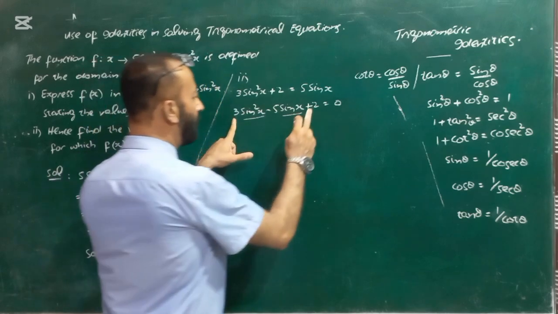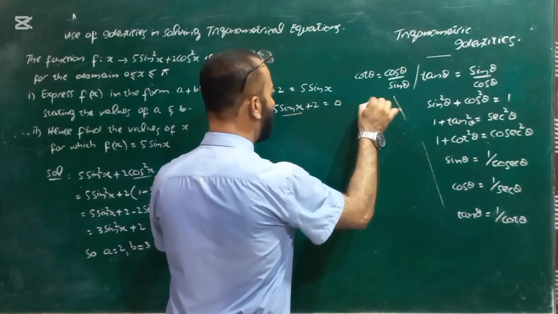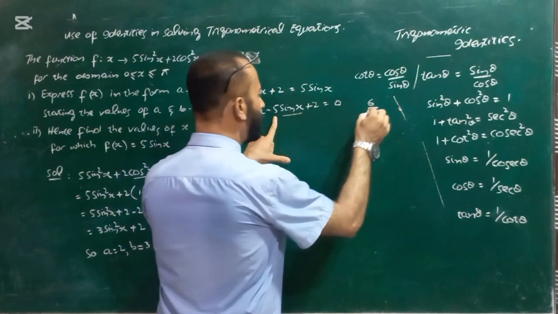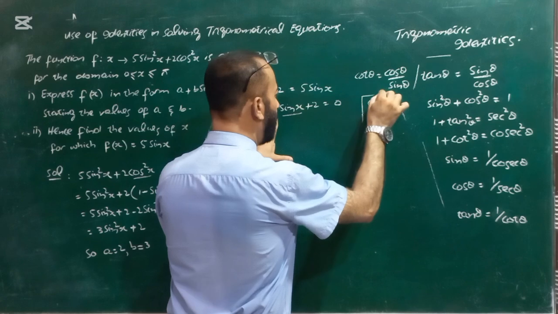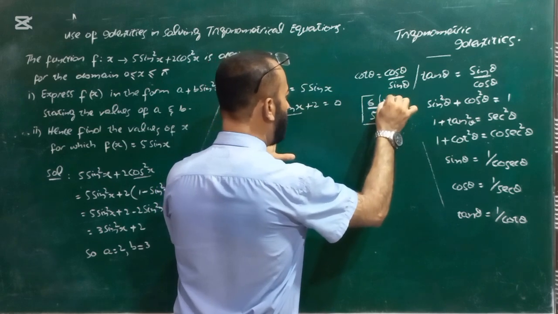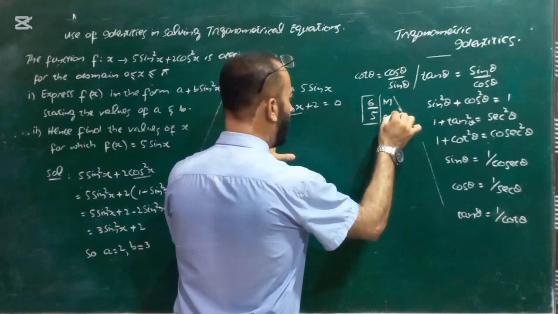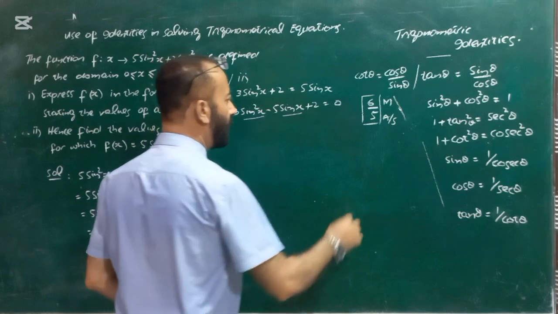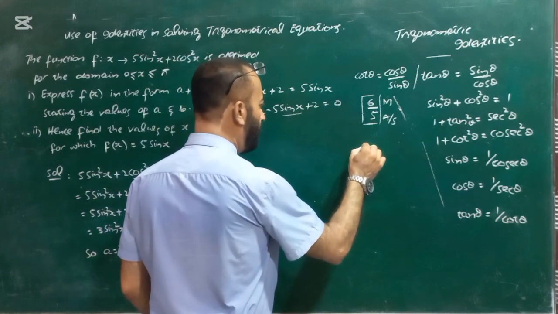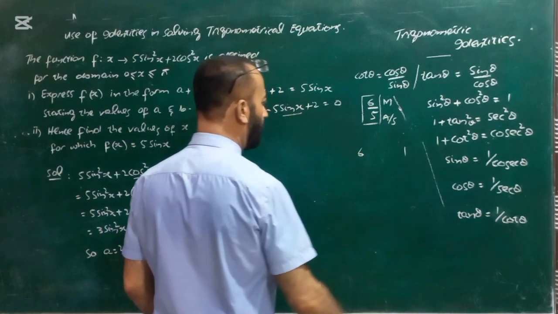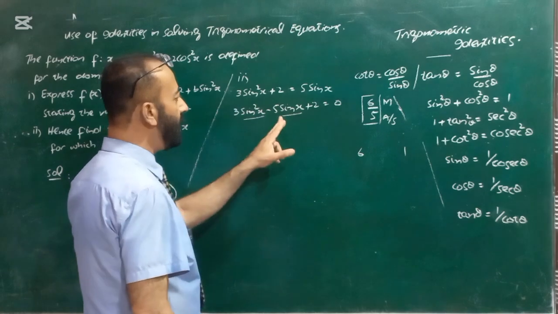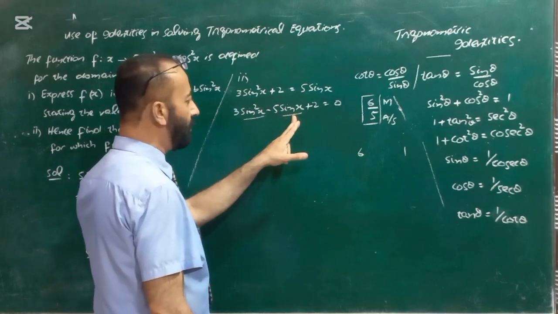So multiply the coefficient of the first one with the last one. So it will become 6. Central coefficient is 5. Now think a pair of numbers whose multiplication is equal to this one. Addition or subtraction equal to this one. So the numbers will be 6 and 1. Okay, write the singular variable with it.